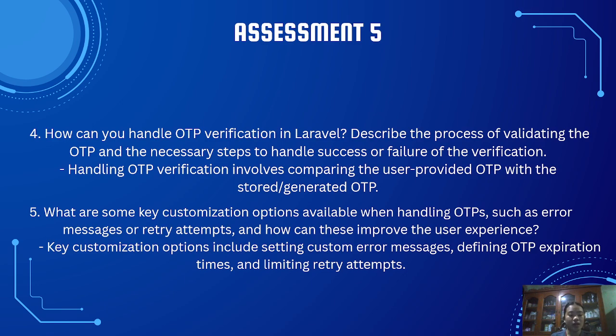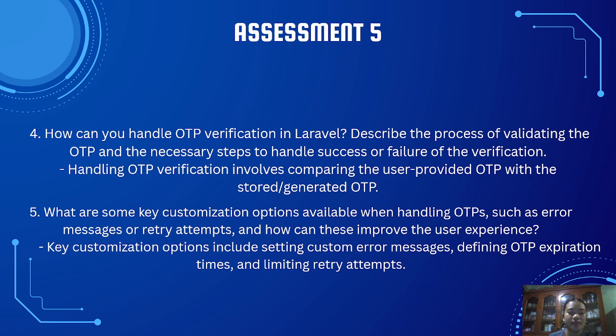Number 5. What are some key customization options available when handling OTP, such as error messages or retry attempts, and how can this improve the user experience? Key customization options include setting custom error messages, defining OTP expiration times, and limiting retry attempts.